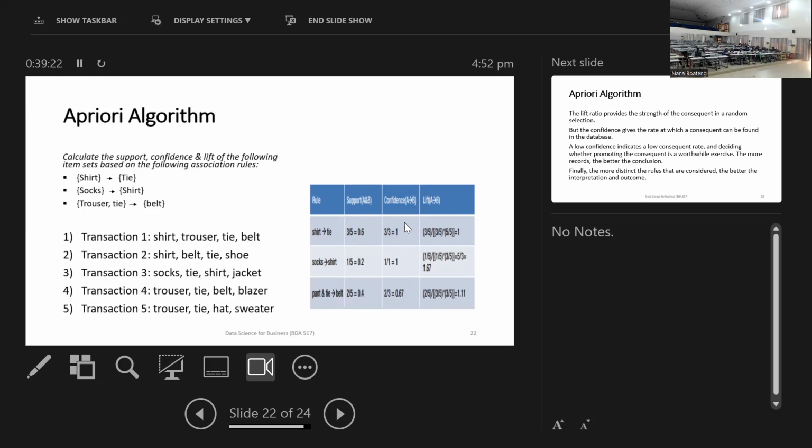It doesn't appear in transaction 1, it appears in transaction 3, and that's it. Okay? So it's 1/5 divided by 1/5. Okay, so that gives us 1. The lift gives us 1.6. Okay. All right.